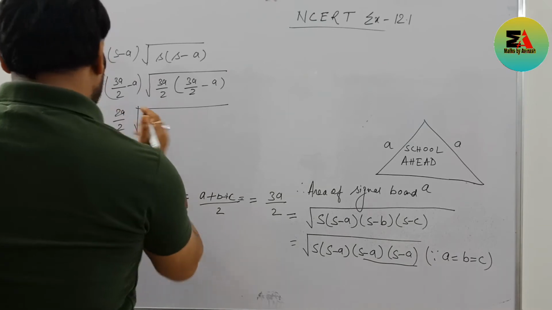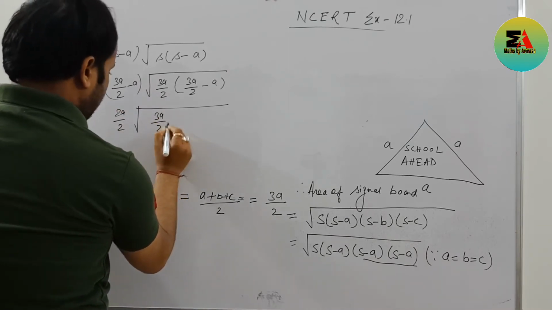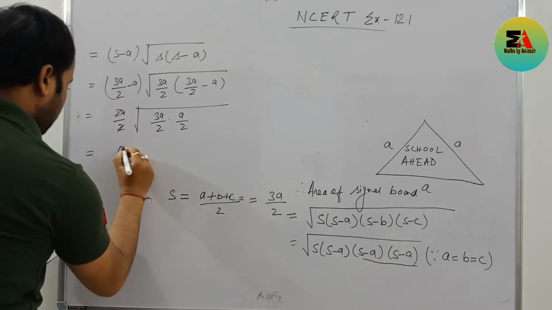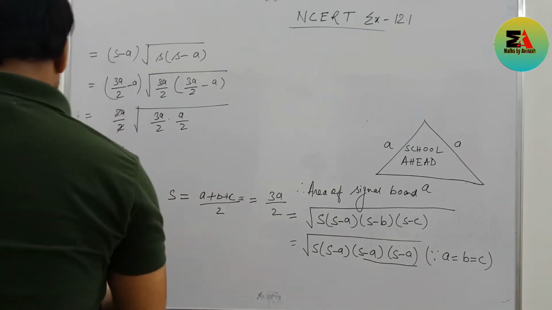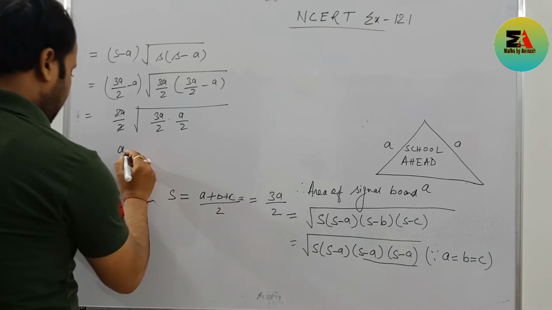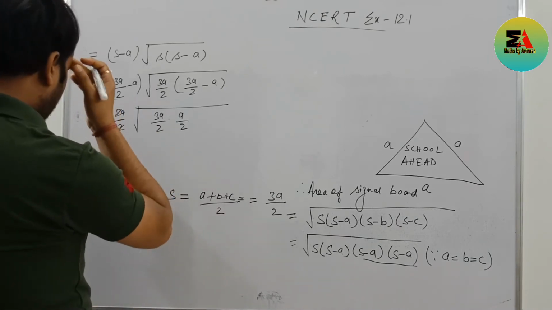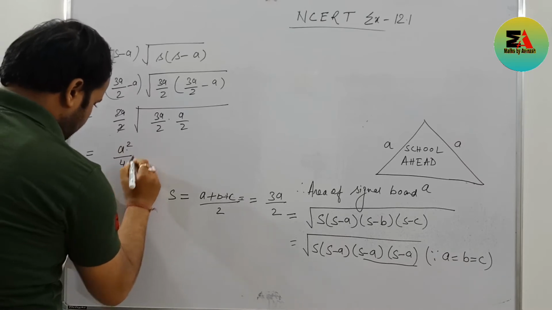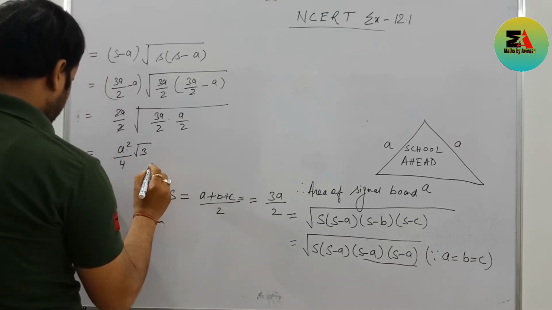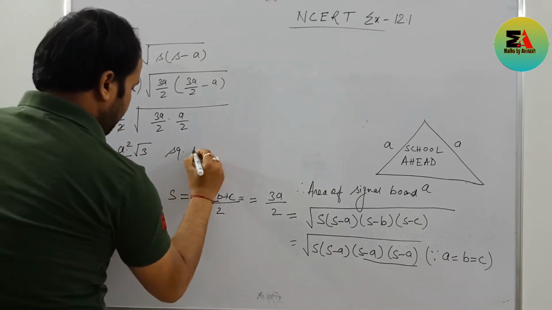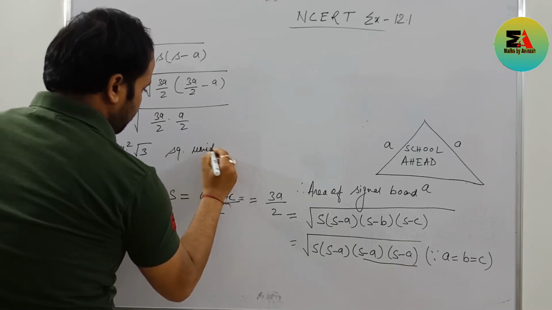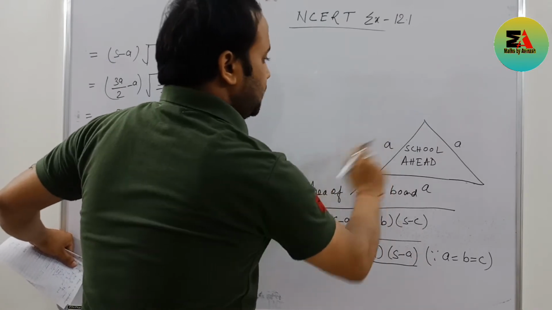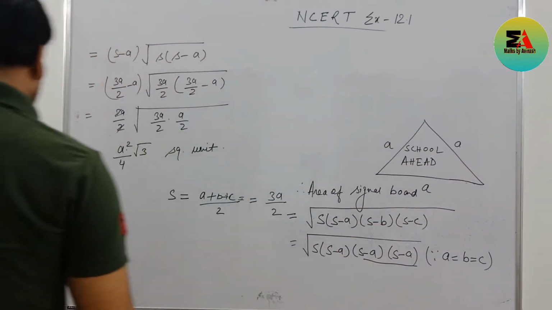This becomes 3a by 2 into a by 2. Cancelling, you would directly write a squared by 4 root 3 square unit. This will be the area of the signal board, which is in the form of an equilateral triangle.